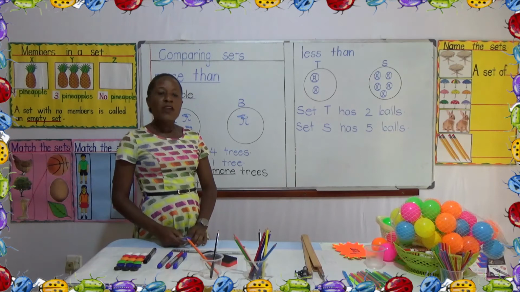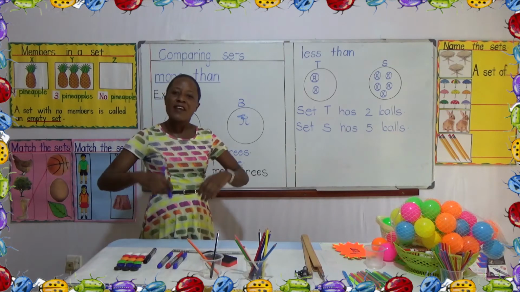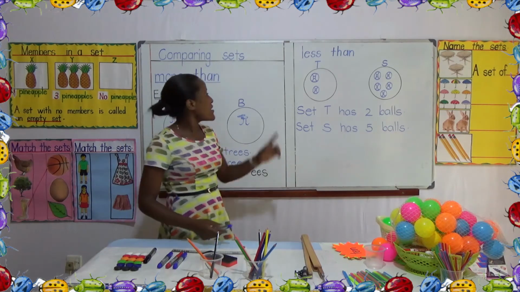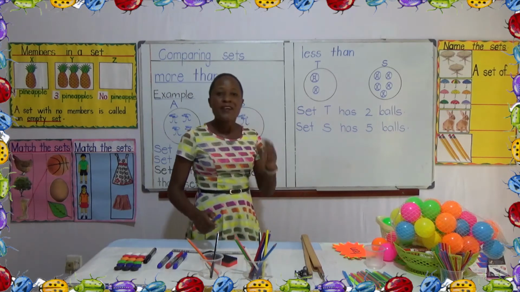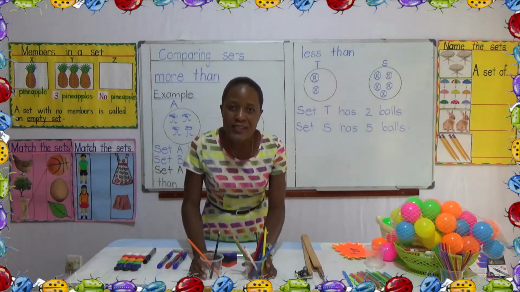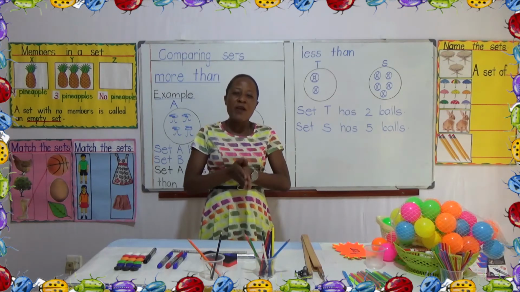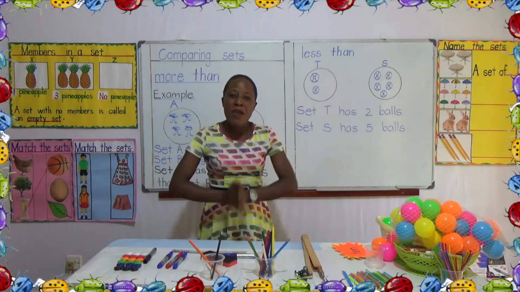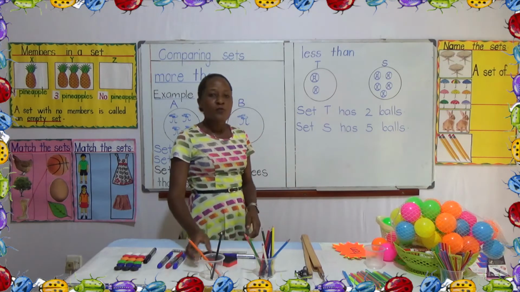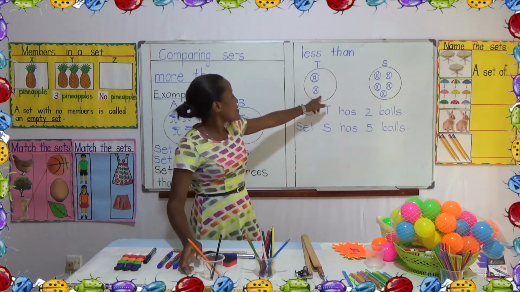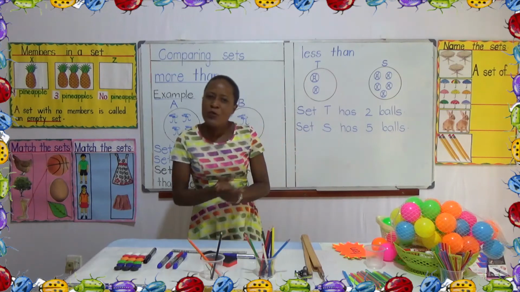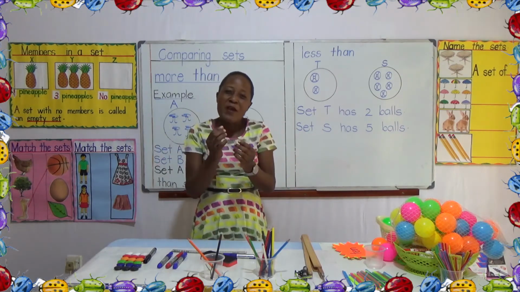Now, which set has less? We said the word less is used for that set that has very few members. So, we are looking at 2 balls here and 5 balls there. Which set has few of them?